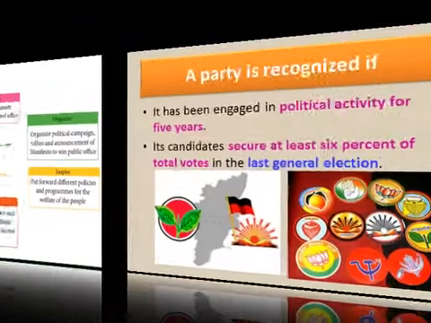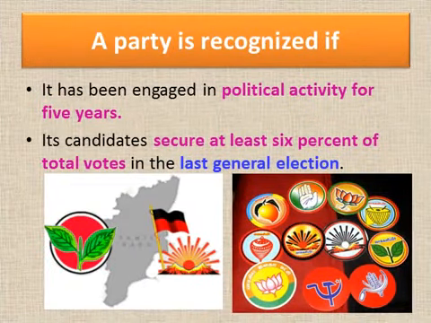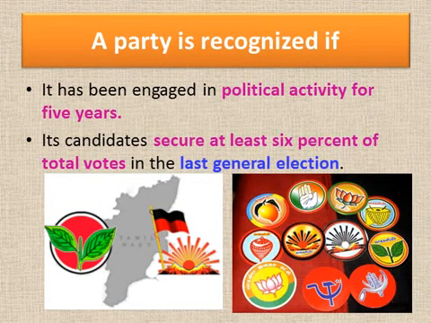Children, you can say a political party is recognized if it has been engaged in political activity for a period of 5 years. Its candidates secure at least 6% of total votes in the last general election. In Tamil Nadu, the important parties are ADMK and DMK.